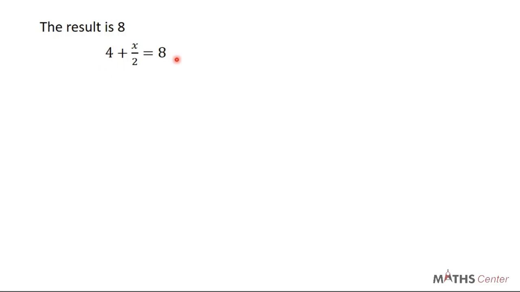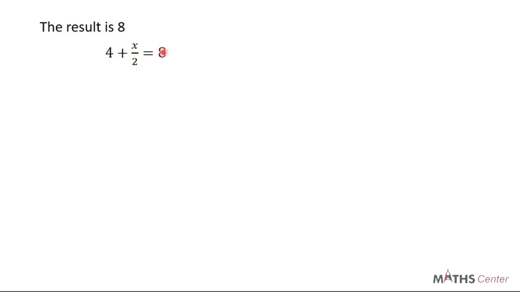So let's solve this. We know that this is an example of linear equations which involve fractions. The fraction here is x over 2. The denominator that we have is 2, which means that we are going to use that as our LCM. So you multiply every term by the denominator. 4 is one term, x over 2 is one term, and 8 is also another term.